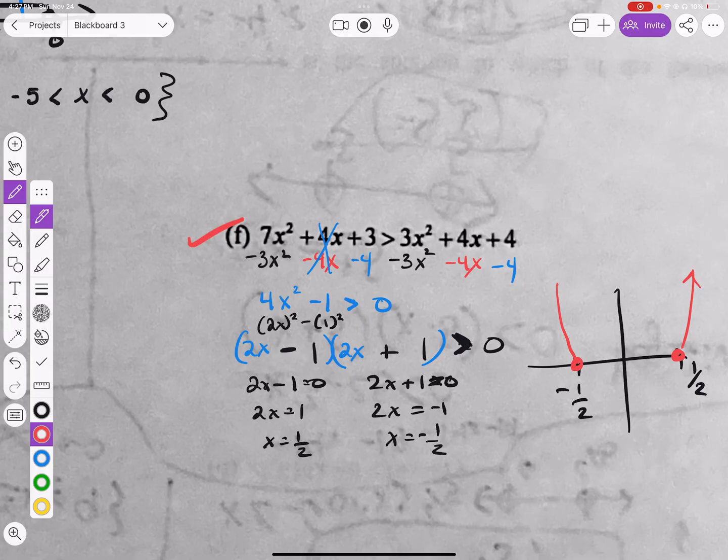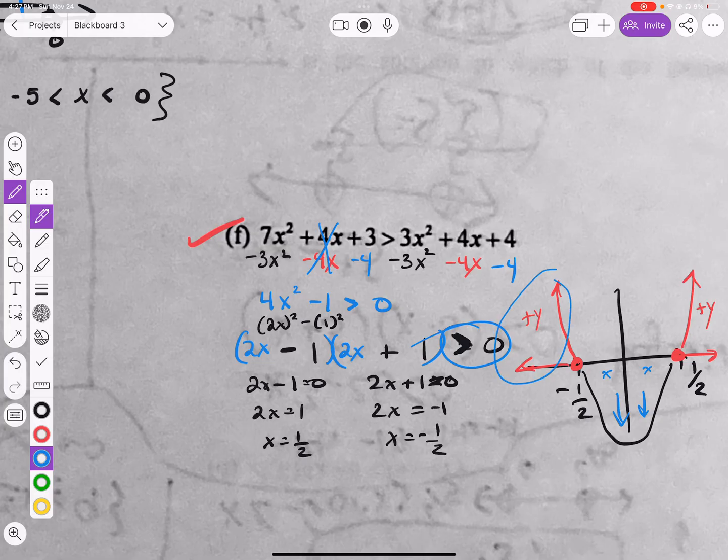Any x's out here cause me to have positive y values. Any x's out here, positive y values. X's in this little region, they cause these negative y values. What do they want us to have? Greater than 0. They want this positive stuff. Oops, didn't want to erase, wanted to circle.